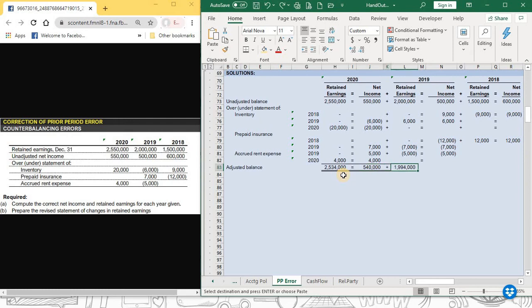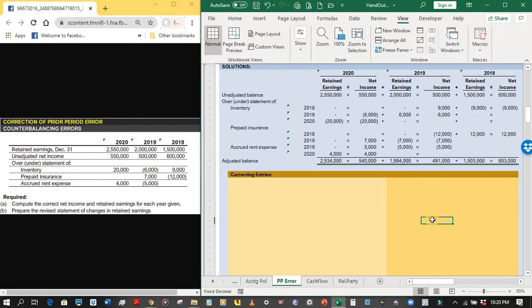Then the retained earnings at the end of 2019 is 1,994,000 pesos, and the net income in 2019 is 491,000 pesos, the adjusted balance. And in 2018, the adjusted retained earnings is 1,503,000 pesos, and the 2018 adjusted net income is 603,000 pesos.